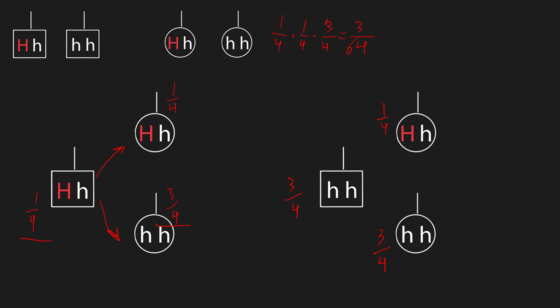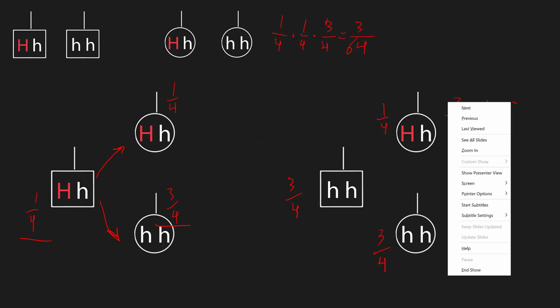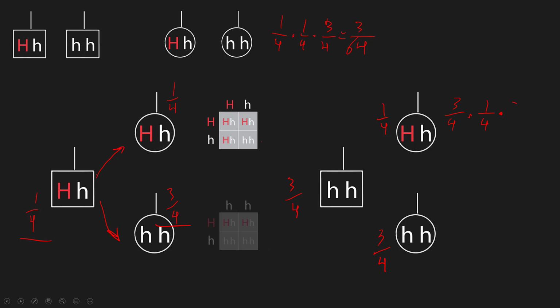At the end, we are adding these probabilities together. So we're going to calculate these ones, and again, it's going to be 3/4 times 1/4 times 1/2, which is here.